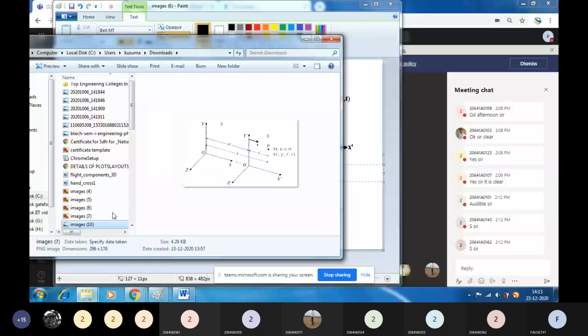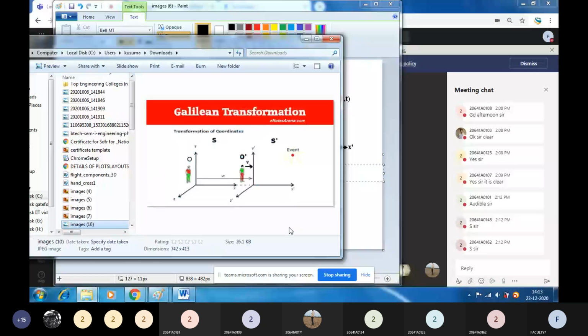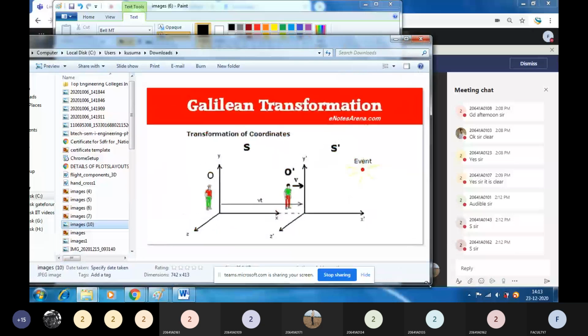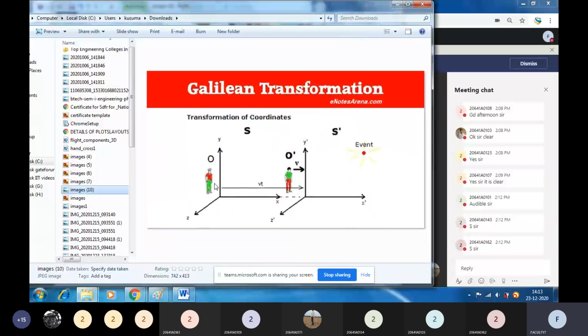Now this is the image we are going to refer to understand the concept. Two persons are there at point O. Initially the second person is also considered to be at point O. So here initially S and S dash will be concentrating on point O, the origin.